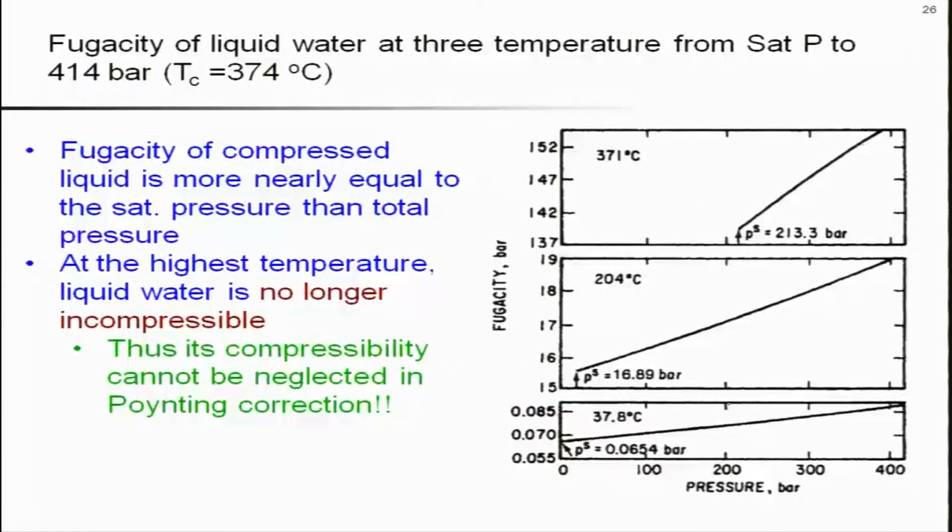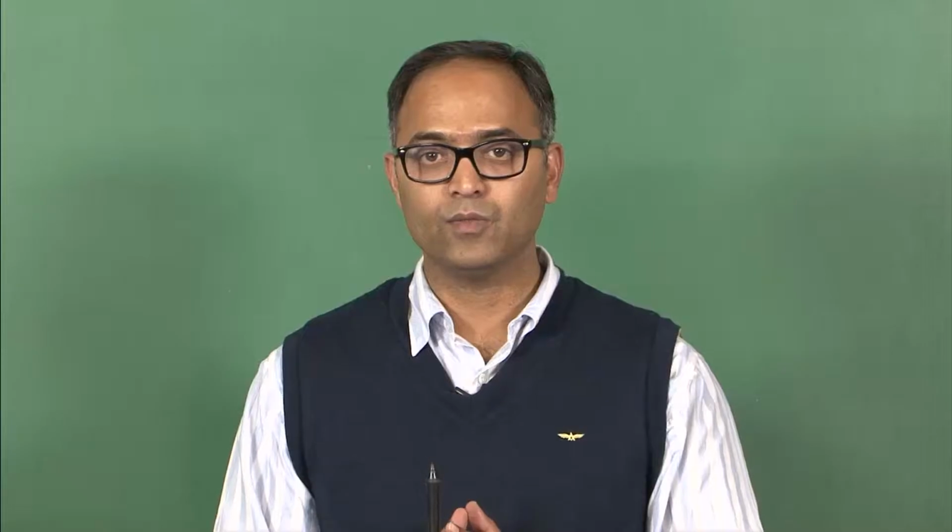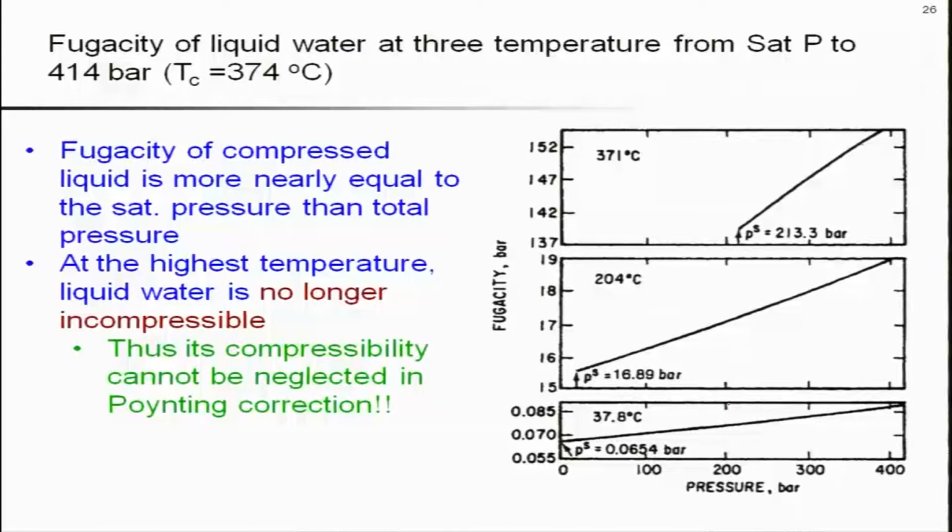Okay, so let me also try to give an example of a particular molecule. Let us consider liquid water. Here we are going to consider three temperatures, which can show the breadth of the temperature from low temperature to a temperature closer to the critical point, and see what kind of behavior for fugacity we have for water.